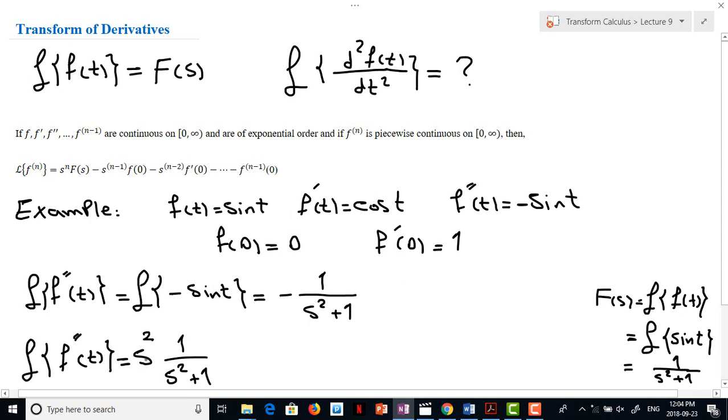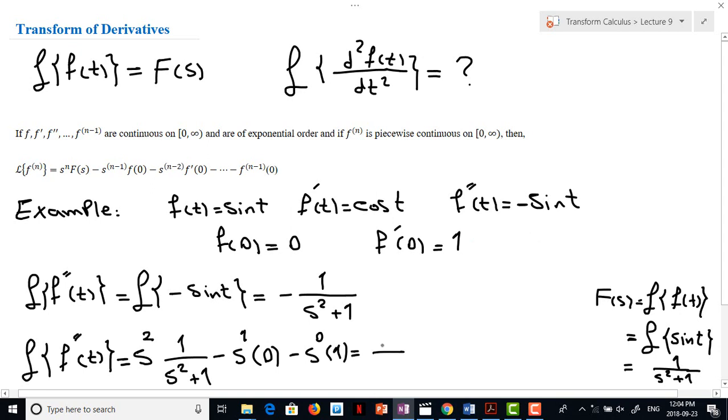So it's s squared times 1 over s squared plus 1 minus s to the power of n minus 1, so it's s to the power of 1 times f at t equal to 0. f at t equal to 0, we have it here, it's 0. Minus s to the power of n minus 2, which is s to the power of 0, which is equal to 1, times f prime at t equal to 0. f prime at t equal to 0 is cosine 0, which is 1, times 1.